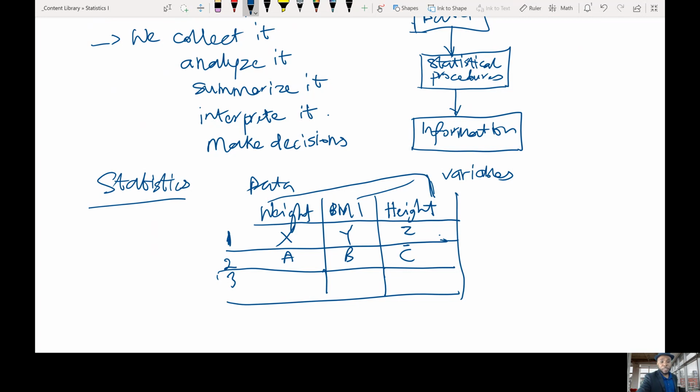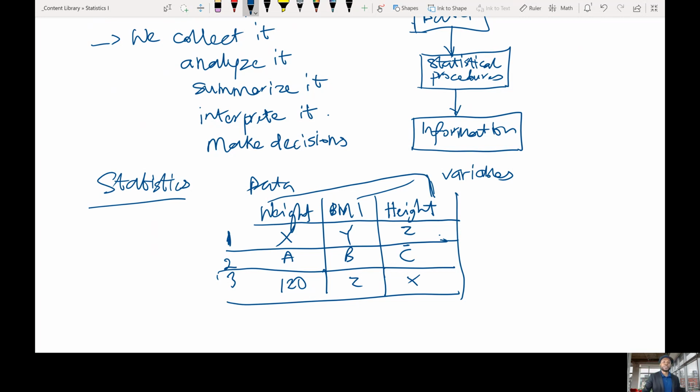And for a third person who I don't know, maybe his or her weight is 120 pounds. The BMI is Z, which could be any number, and the height could be any number X. Just so you have a view of what we're talking about.